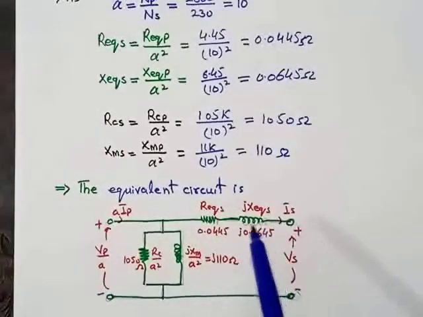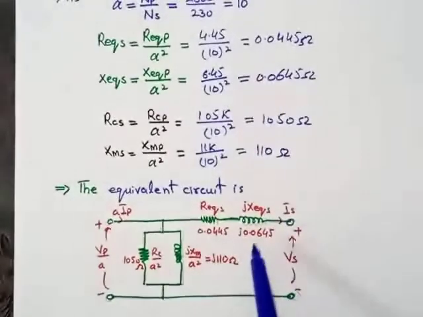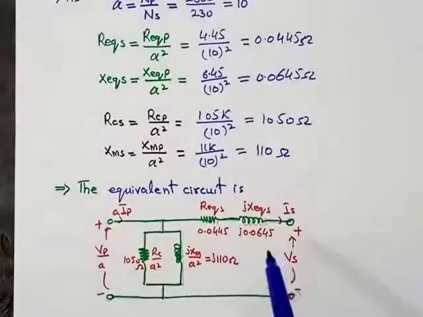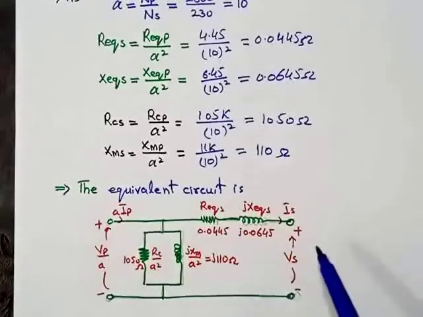This is the equivalent circuit of the given transformer referred to the secondary side, or low voltage side. The value of Rc over a squared, as we have already calculated, is 1050 ohm. The value of Xm over a squared is 110 ohm. The value of R equivalent is 0.0445 ohm. The value of X equivalent is 0.0645 ohm.